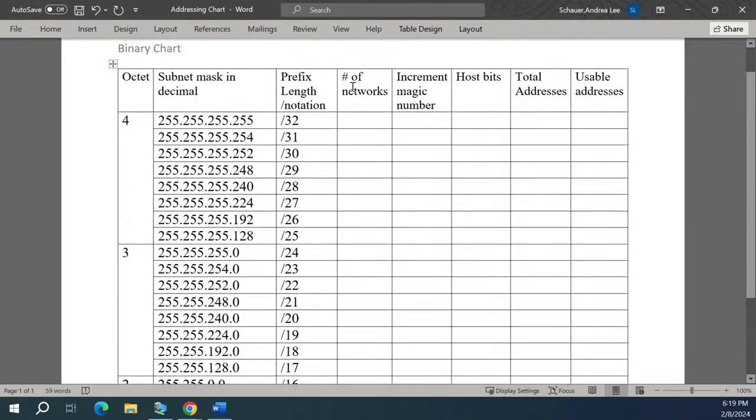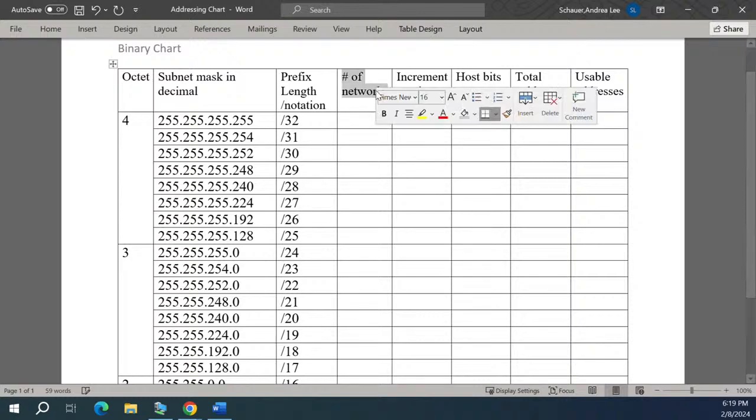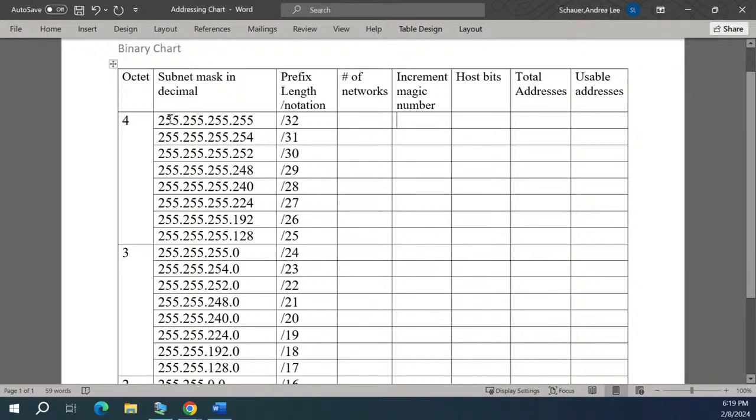For a minute, we're going to skip the number of networks. We're just going to skip that for a minute. All right, and let's fill in the increment for the magic number. If there was such a thing as a subnet mask 255, what would the increment be? It would be 1, right? Because that's where the last network bit is. Okay, what about this one ending in 254? 2. What about 252? And 248?